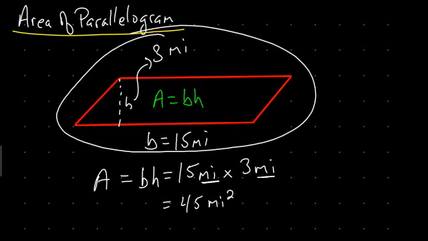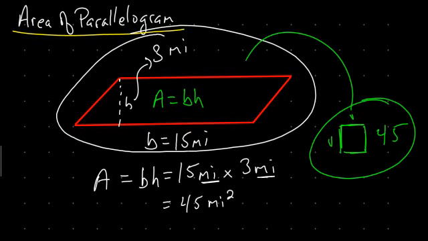What that means, though, is that if we had a square mile, 1 mile long, 1 mile wide, this is one, this is one, we could fit 45 of these into this space of a parallelogram with a base of 15 miles and a height of 3 miles.